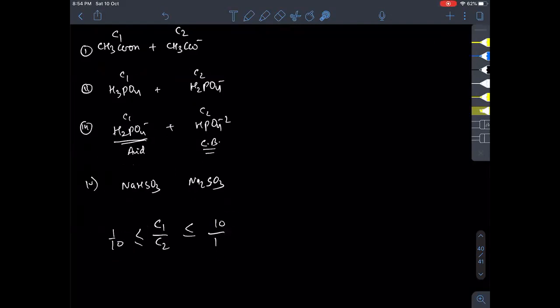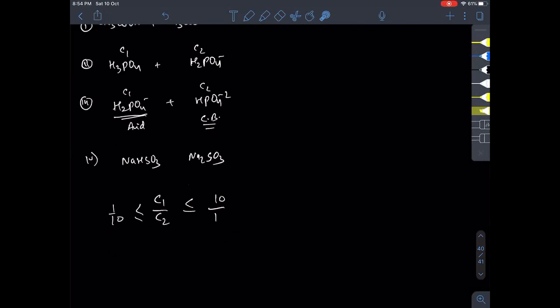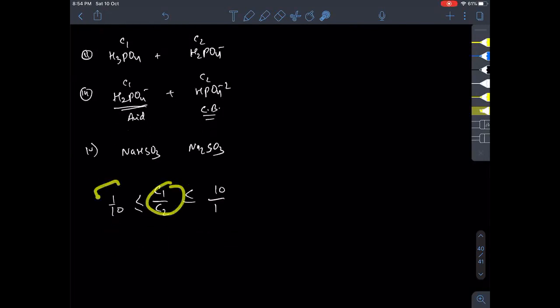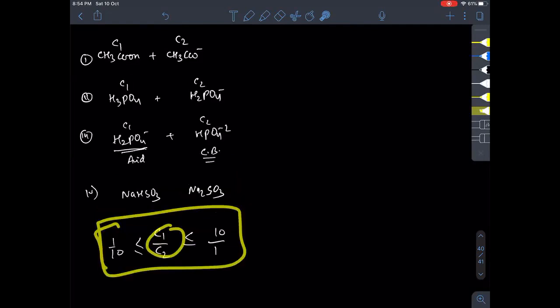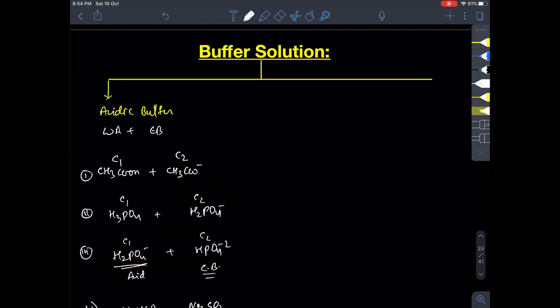So relative concentrations should be such that both are considerable. Because if any amount becomes less than 5% with respect to the other, you can neglect it. So C1 by C2, this is the most important thing for the buffer, right? Similarly, basic buffer you can consider.